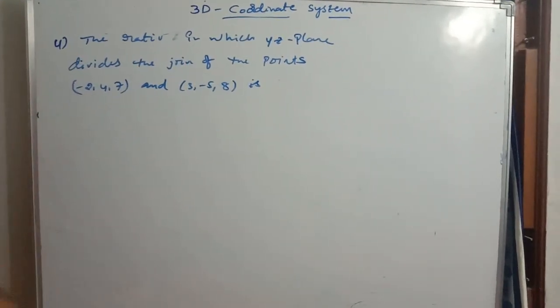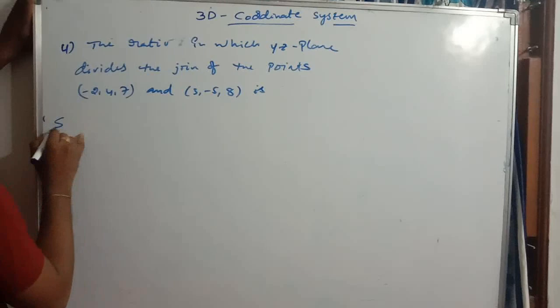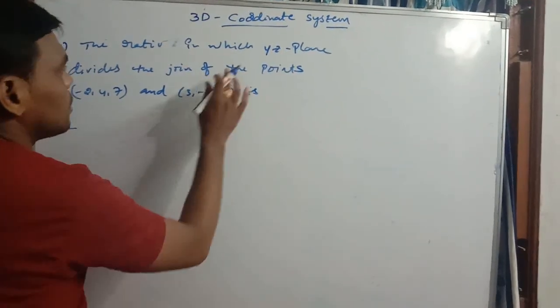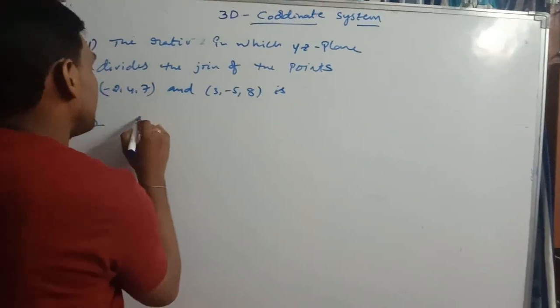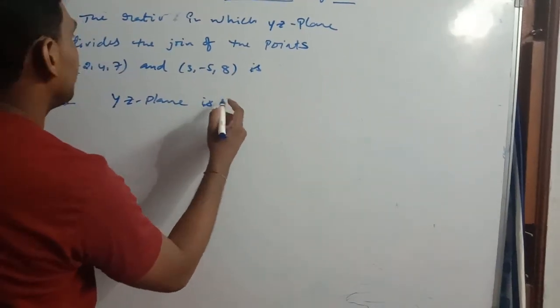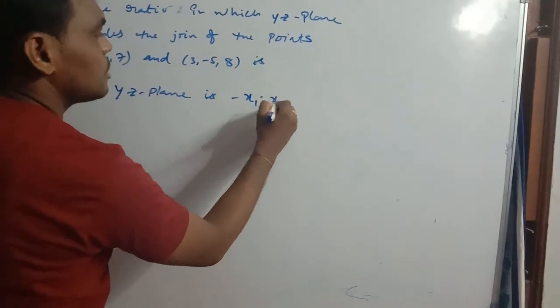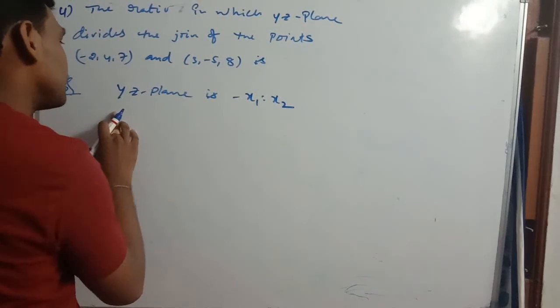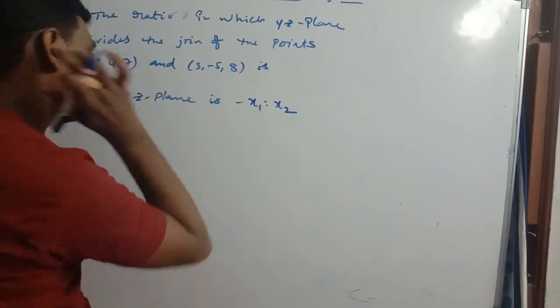Now here the ratio in which the YZ plane divides, I already told you, is minus x1 is to x2, and also for the XZ plane it is minus y1 is to y2, and also for the XY plane it is minus z1 is to z2.